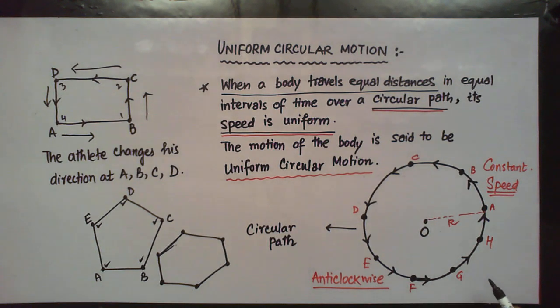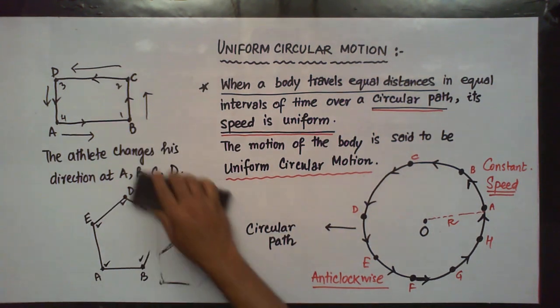If you are running along a circular path, how many times would you change your direction? Infinite times. So in a circular path, the body changes the direction an infinite number of times.